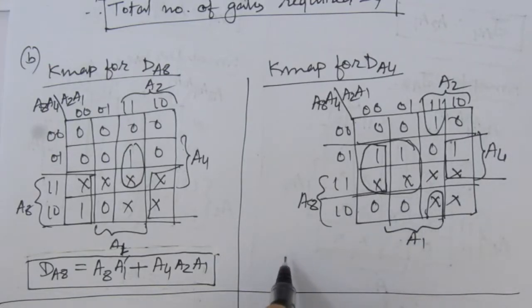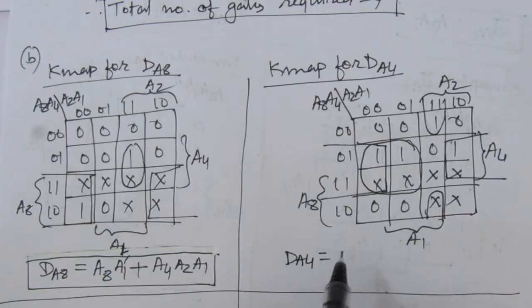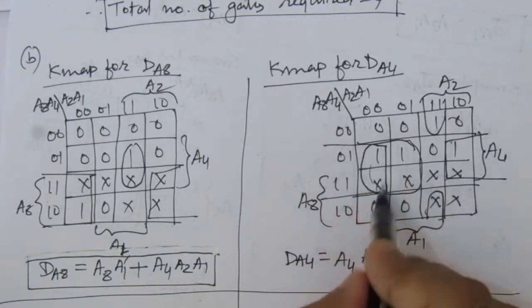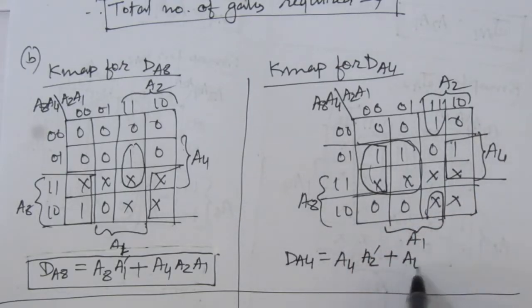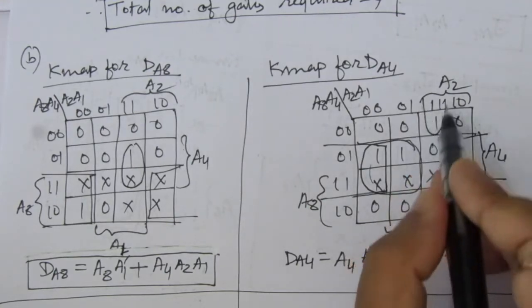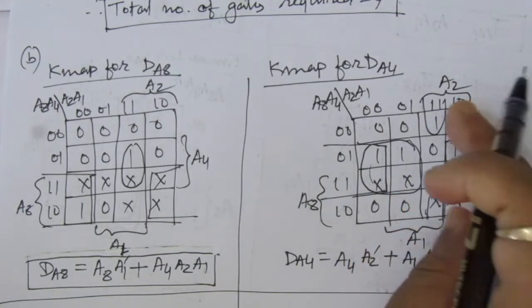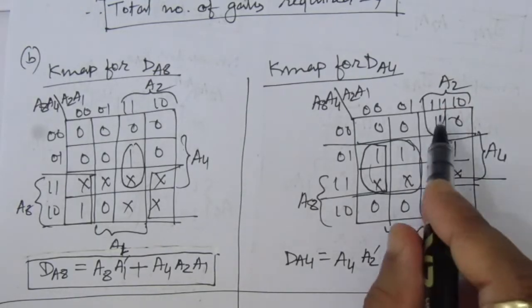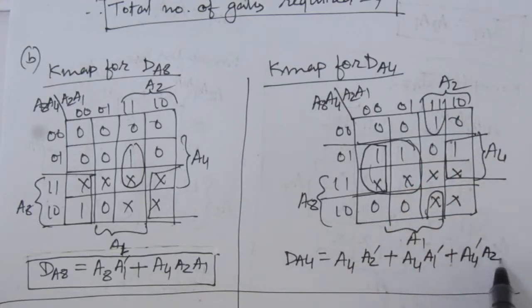Okay, so therefore we'll have DA4 is equal to, from this term we'll get A4 A2 complement, plus from this term we'll get A4 A1 complement, plus from this combination we'll get A4 complement A2 A1.